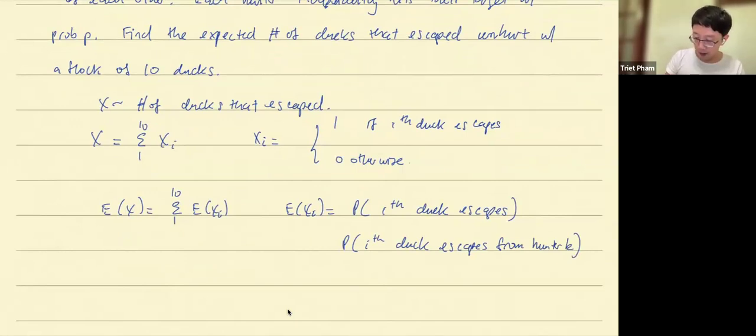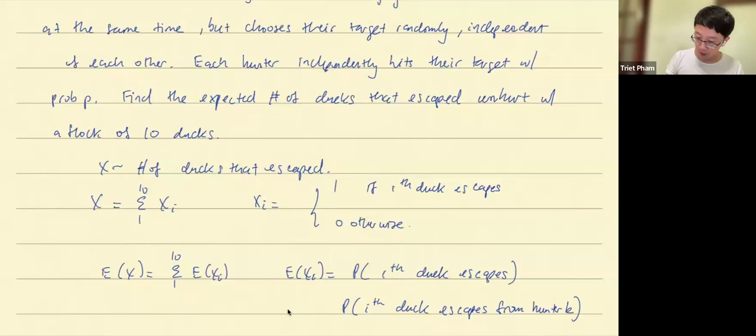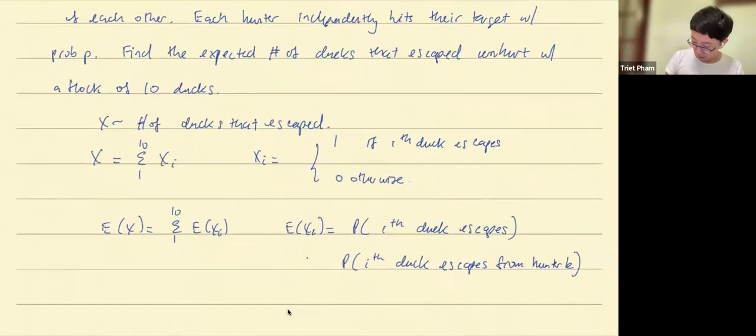And because all hunters act independently of each other, it will be a product over K from 1 to 10.